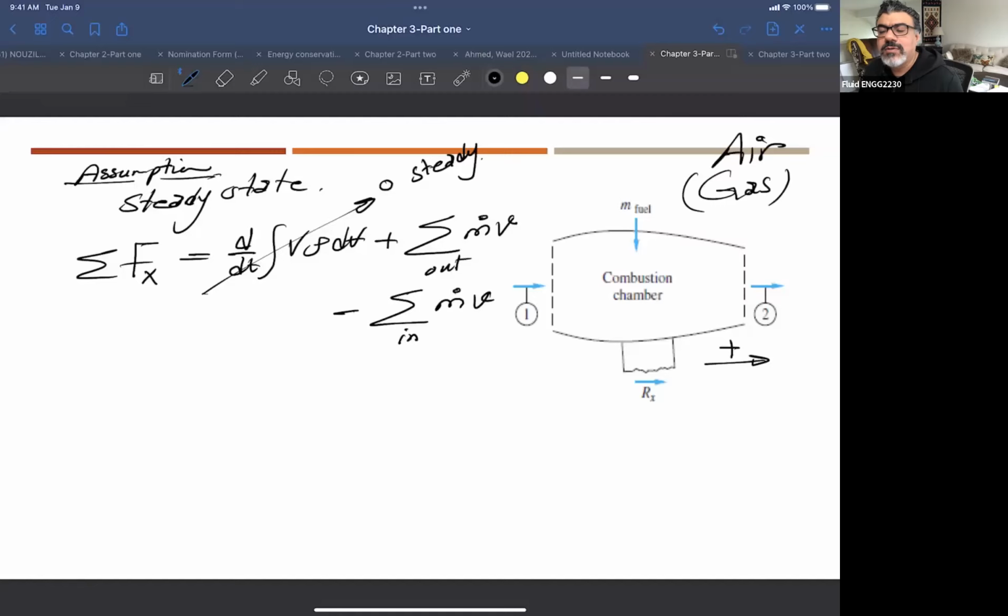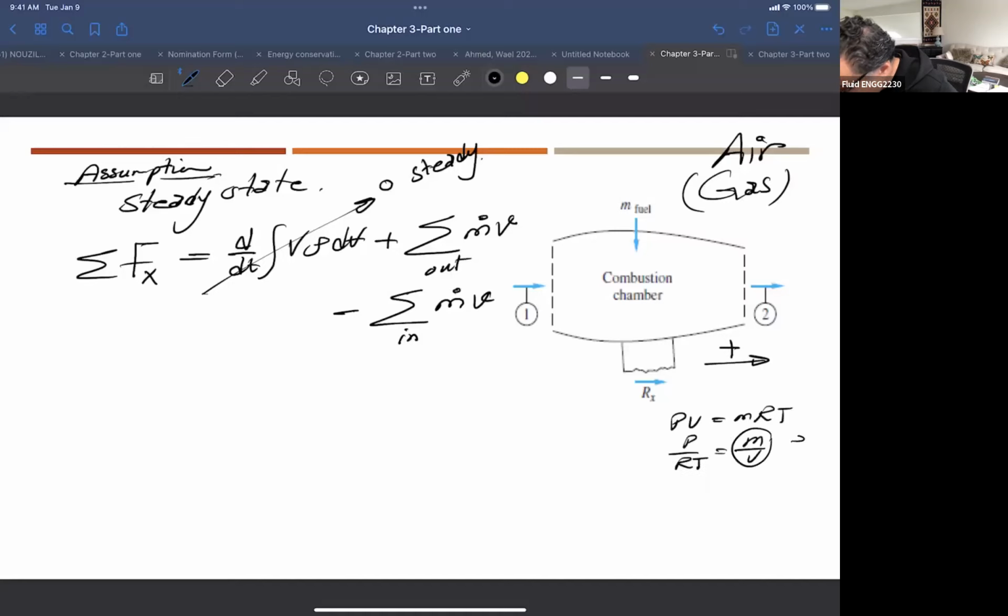Yeah, remember I mentioned this in chapter 1, right? Every time we're talking about gas, we have to remember there is another equation in our science called the gas equation, right? PV equals mRT, right? So in this case, I know m over V is equal to P over RT.